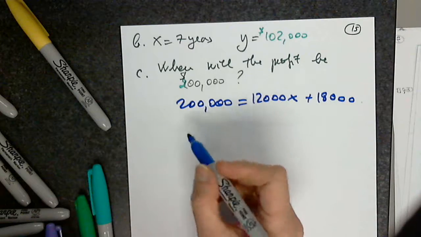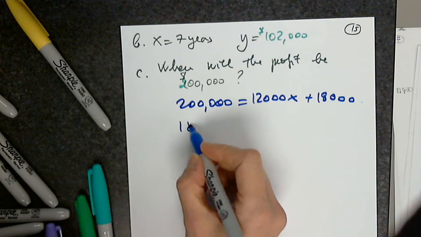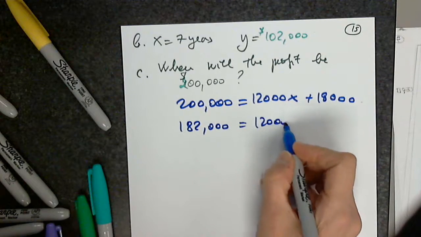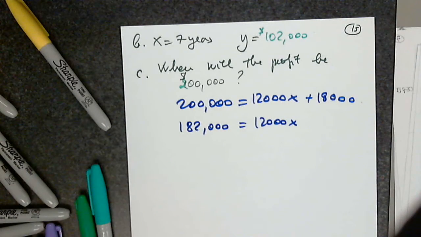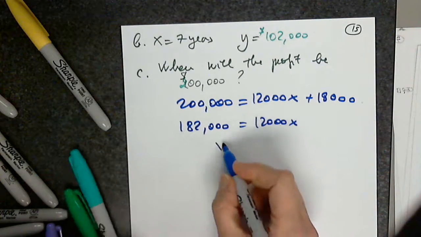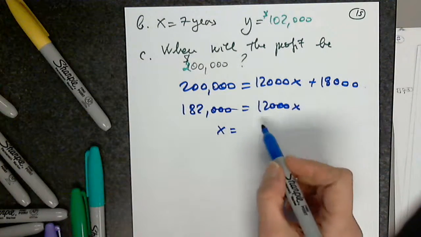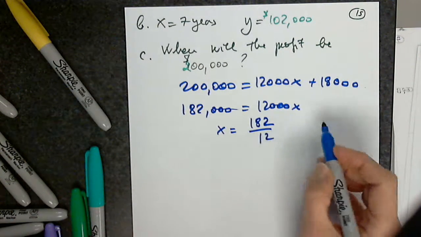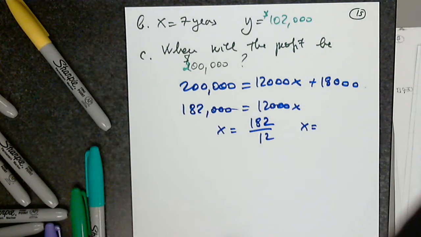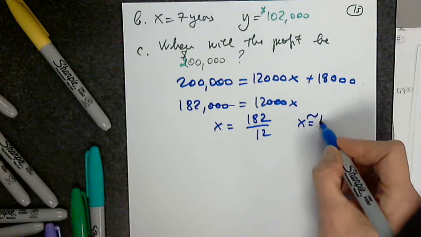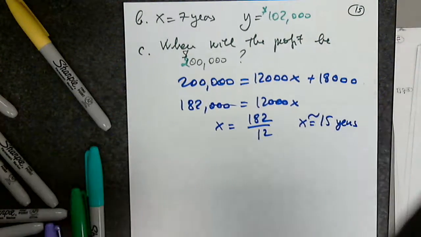So 200 minus 18 is 182 equals 12,000x. So then how do I get x? Right, I divide by 1,000, so this is 182 divided by 12. How much did we get? Very good. So I'll say 15 years.